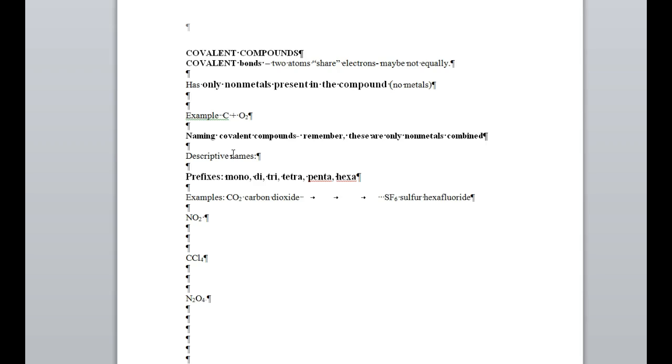So remember, we don't use these prefixes with ionic compounds, okay? So the example, carbon dioxide, the SF6 on the example here says sulfur hexafluoride. So Cody's going to tell us what NO2 is.